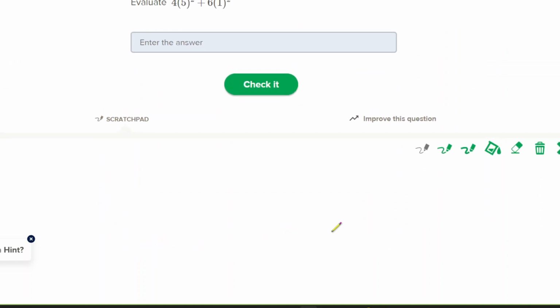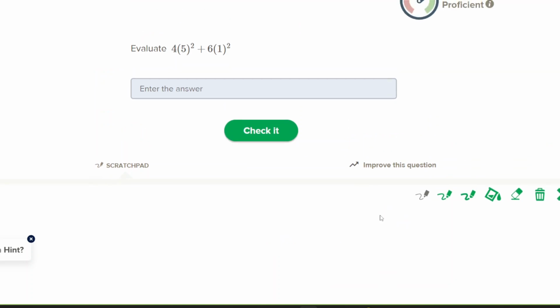All right, so again, I'll write out this expression the way they have it. We have 4 times, right? Again, if it's just touching parentheses like that, that's multiplication. 4 times 5 to the second, then plus 6 times 1 to the second.